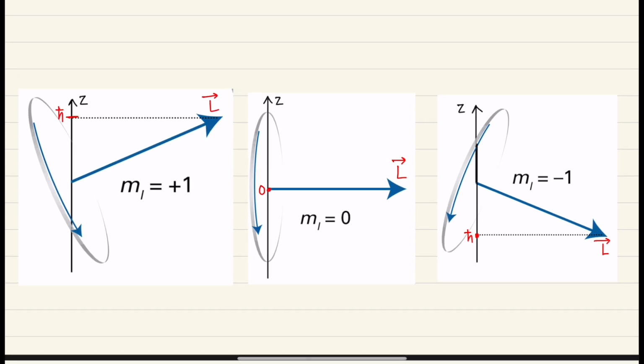It means if the electron moves around this plane, the perpendicular direction is this one, and this is your L vector, and here the L vector has no component on the z axis, and that is why it is 0. Understood? So for ml equal to plus 1, Lz equals h cross, and for ml equal to 0, the magnitude of this L vector on the z axis is 0.